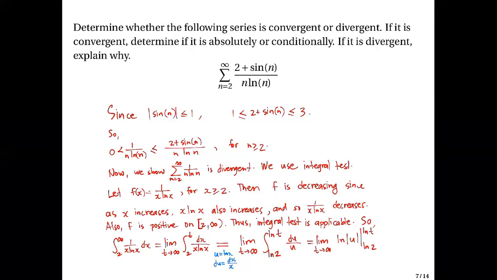This gives us the limit as t approaches plus infinity of ln of the absolute value of ln of t, minus ln of 2. And as t approaches plus infinity, ln of t will go to plus infinity. We get the absolute value. Ln of something going to plus infinity will still go to plus infinity. Okay?